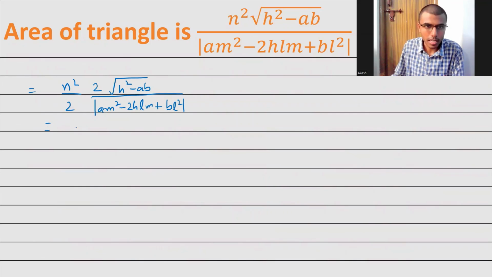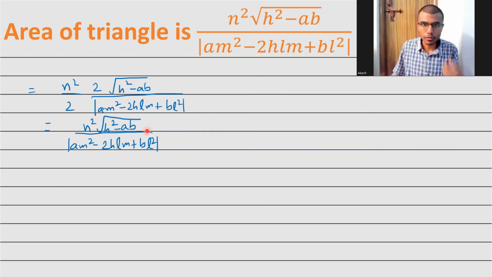I'm left with ultimately n square under root of h square minus ab divided by am square minus 2h lm plus bl square. Fine. If you see at the top, I've made the important part here also, so it's exactly matching. So that's it. Our question is done.